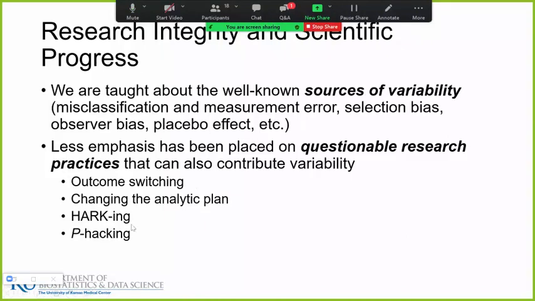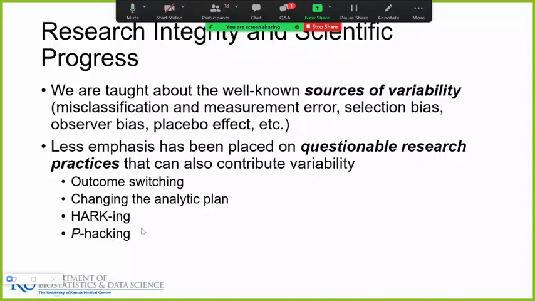And finally, there are other types of questionable research practices that can cause even great studies to lack reproducibility, the idea of outcome switching, changes to the analytic plan. They happen, unfortunately, but you should recognize that changing the analysis plan can impact your type 1 and type 2 error rates.